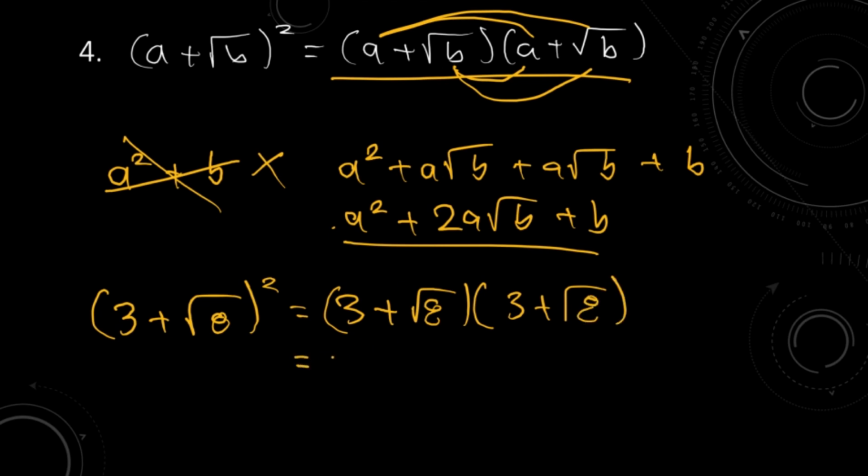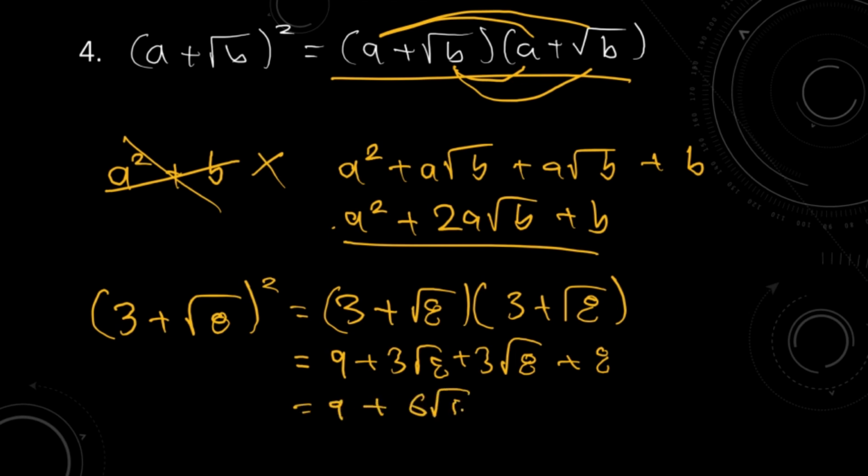Then you expand the brackets: 9, 3 times 3, and then plus 3 square root 8, and another plus 3 square root 8, and then plus 8. Collect the like terms: 9 plus 6 square root 8 plus 8. This one's a bit funny, and there you go. This will be your answer.